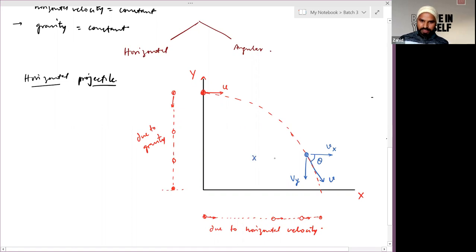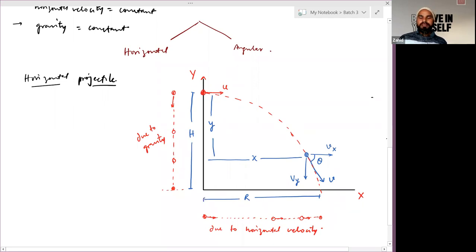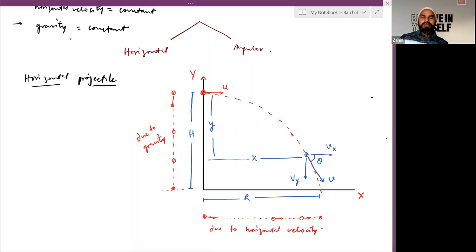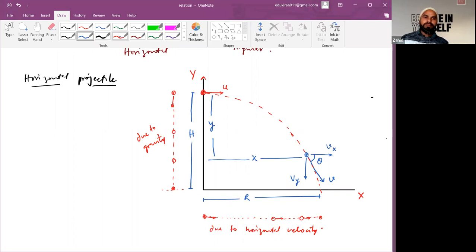If you define its coordinates, it will be like this. The height from which the body has been projected is termed as capital H, and the total horizontal distance traveled by the body to hit the ground from the point of projection is termed as range. Now we have to relate all these terms to find time of flight, height, range, velocity, direction, and so on.